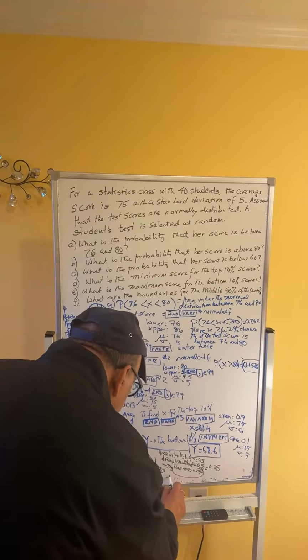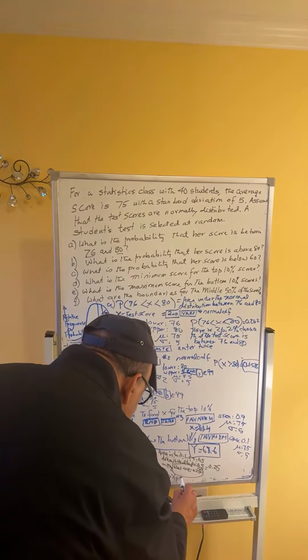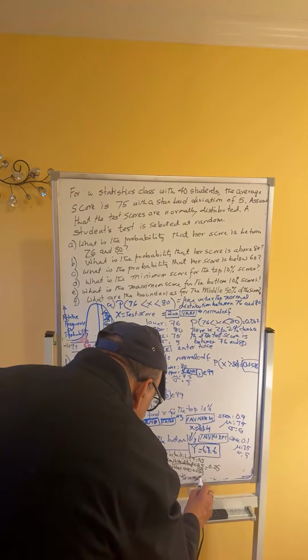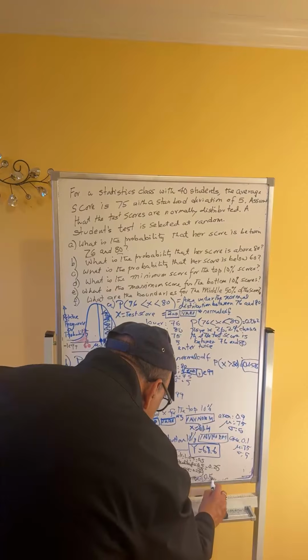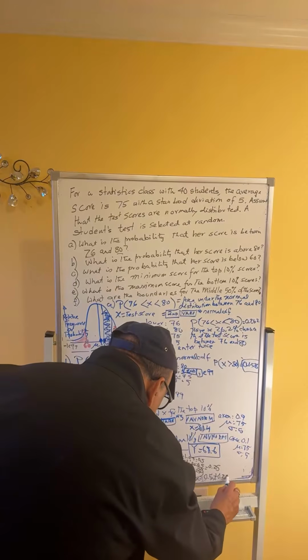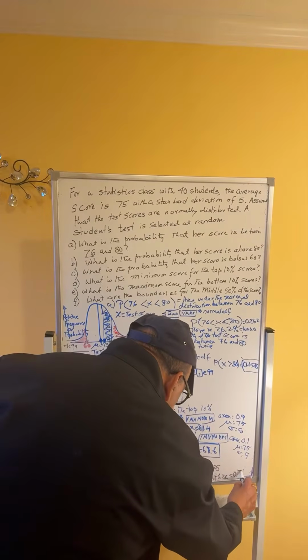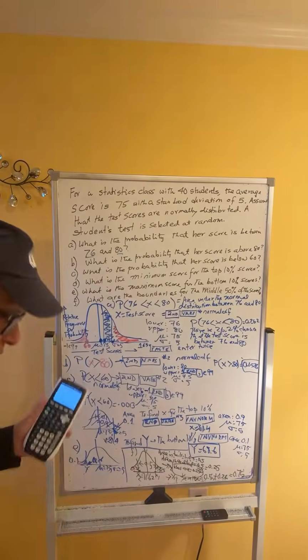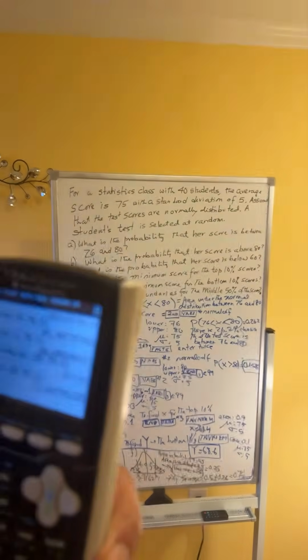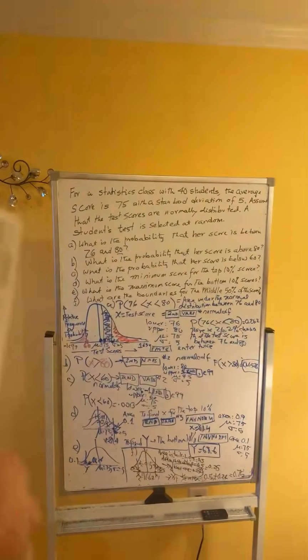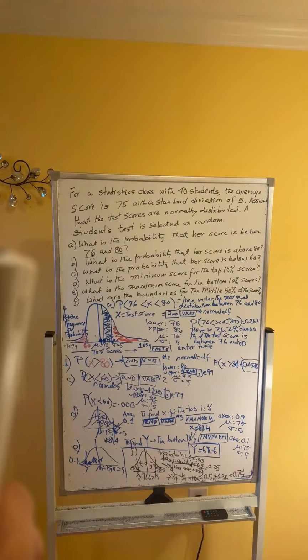For x1, area to the left, use area is 0.5 plus 0.25. 0.5 coming from the center and then 0.25 in the left tail is 0.75. So again use second verse 3, only change because you have 0.25 in the left tail plus 0.5 in the center. 0.5 plus 0.25 is 0.75.